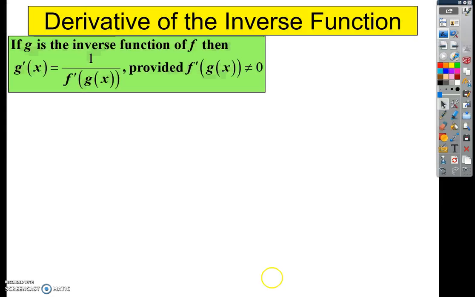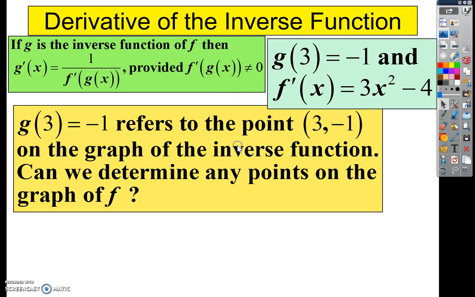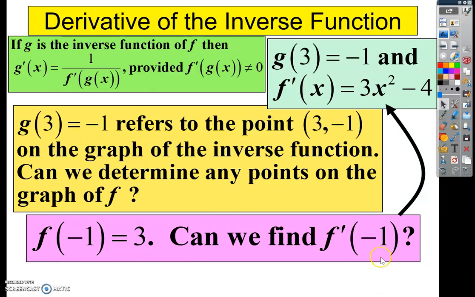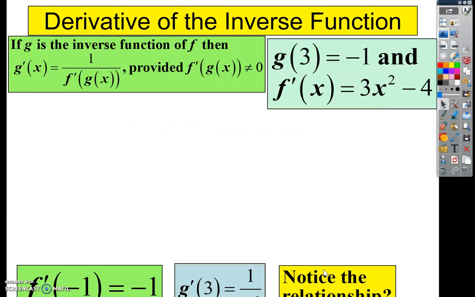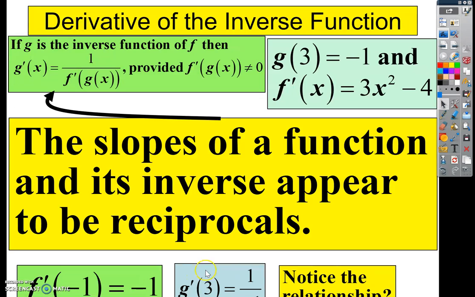So this is our new definition. If you haven't had a chance to write it down yet, make sure you write it down. Let's go ahead and see what it refers to on the graph. Notice this relationship. We left it this way because it's a reciprocal.